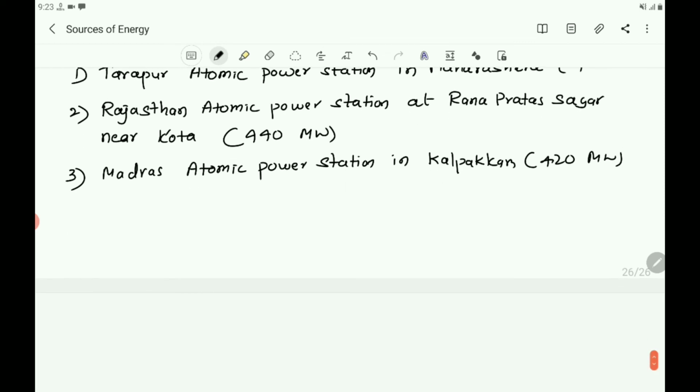Then let us take one more, that is Narora Atomic Power Station in UP. Then you take Narora Atomic Power Station in UP, and also Kakrapur.